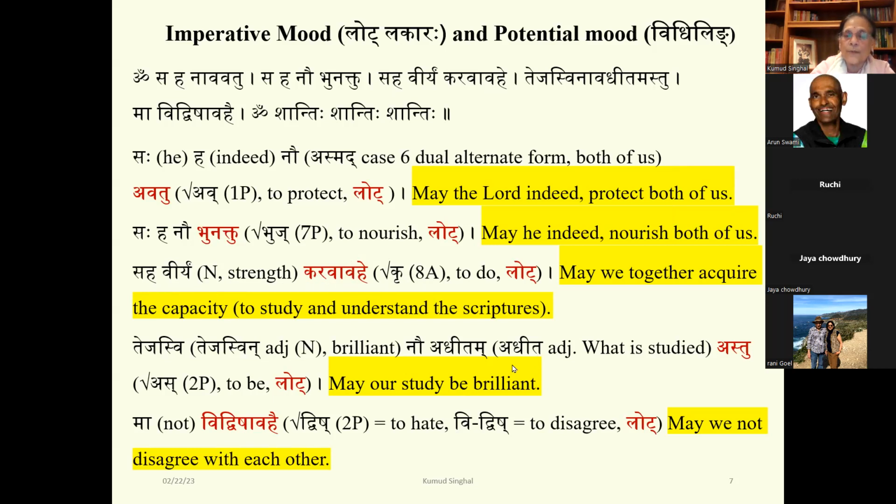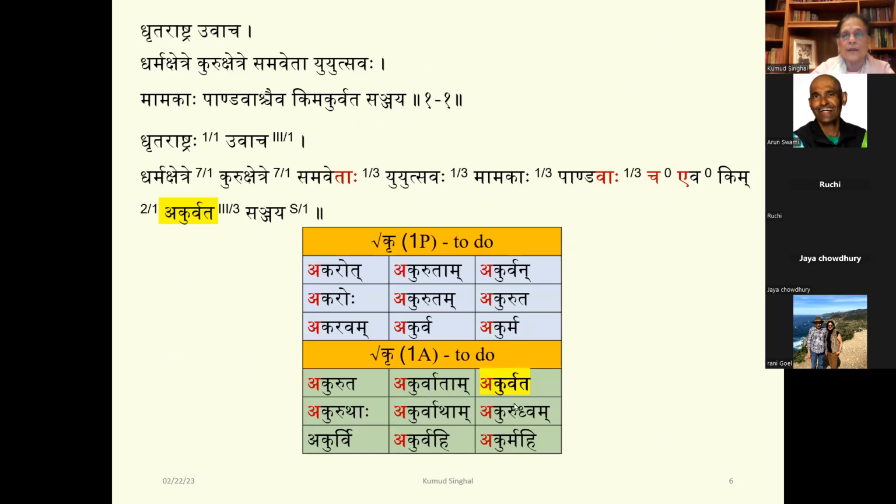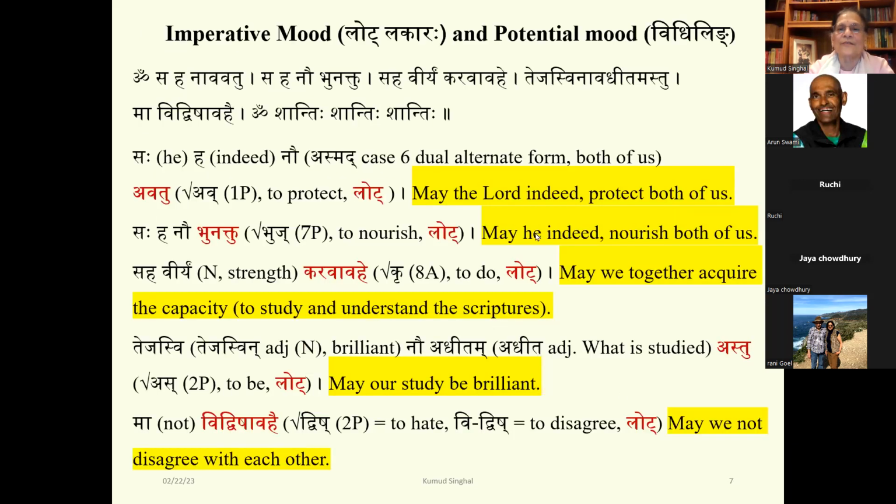Like if you go back here, oh, this is the lot lakara. We haven't done it. In a little while you will see that conjugation. So karavavahai. So may we together acquire the capacity, right, the strength to study and understand the scriptures. So this is again a lot lakara.